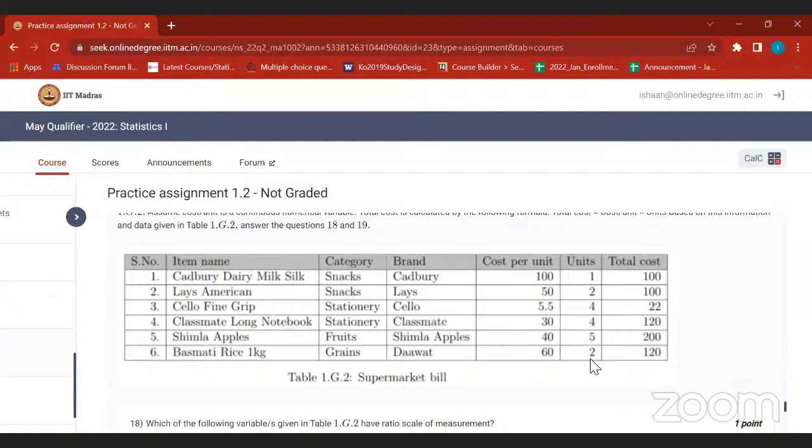But here you can add 0 units of objects as well, right? You are obviously not purchasing everything. So for units, is there a sense of multiplying or adding units of different items? Yeah, you can also do that. The number of cellophane grips is twice the number of lace items you are purchasing, right? Yes, sir. You can also perform multiplication and division. So you are already getting a ratio sense from it. Yes, sir. Okay, sir. Thank you, sir.